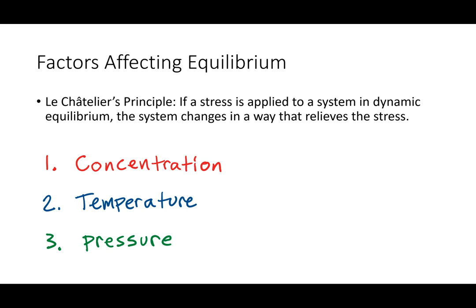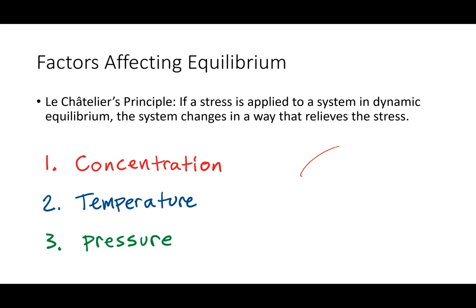Basically, it states if a stress is applied to a system in dynamic equilibrium, meaning the forward reaction and the backward reaction are both proceeding at the same rate, the system changes in a way that relieves the stress, okay?